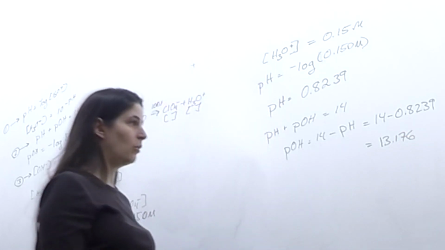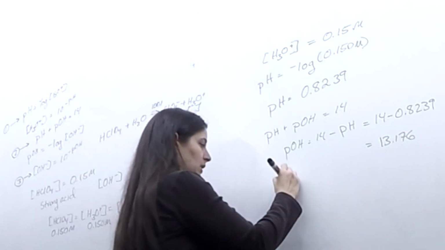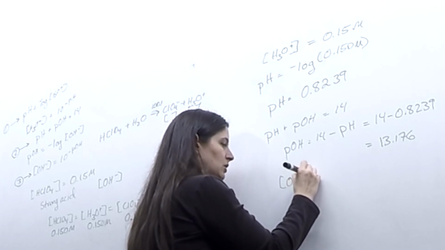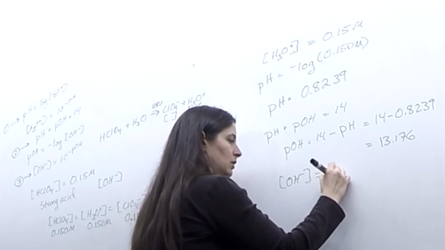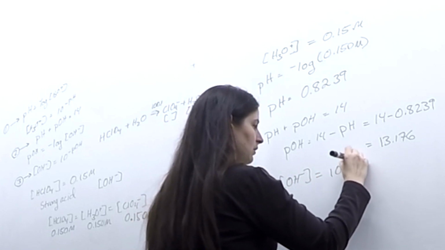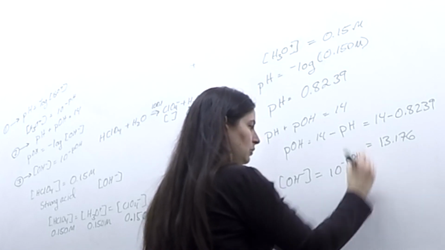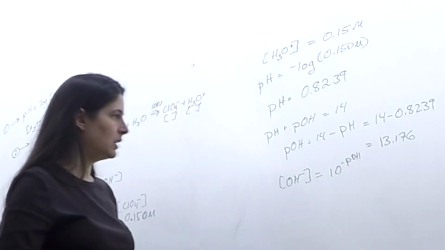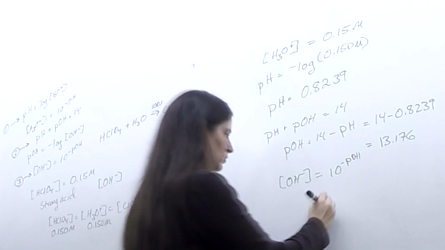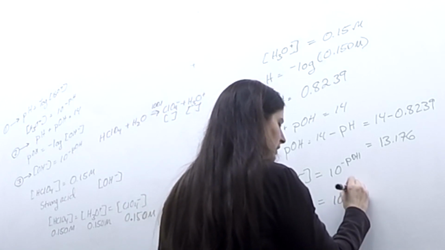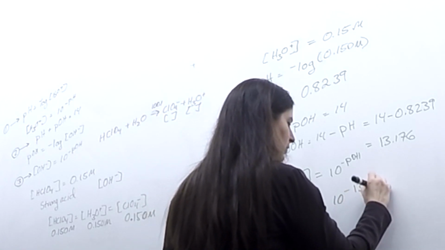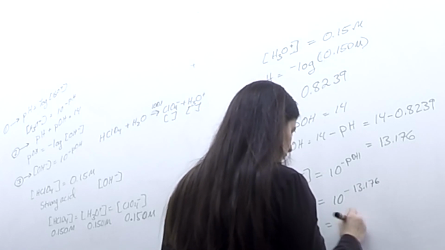So there's your pOH. Now to get the concentration of OH, you take the antilog, so 10 to the negative pOH. Take 10 to the negative 13.176, and that will give you 6.6666666.